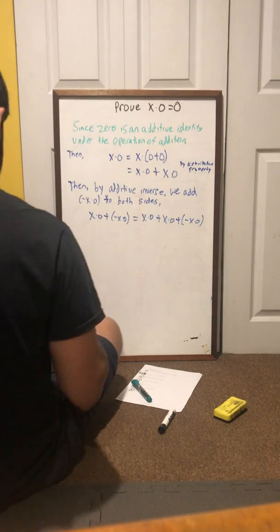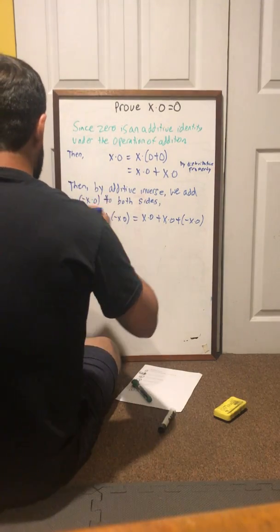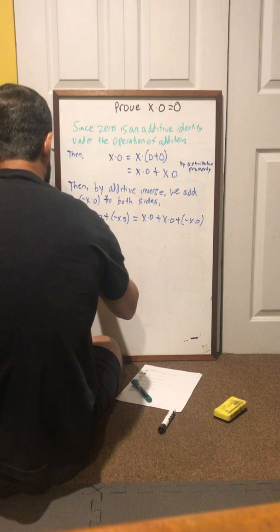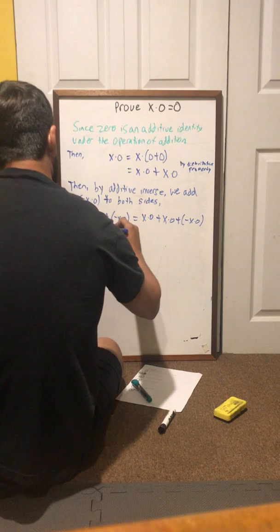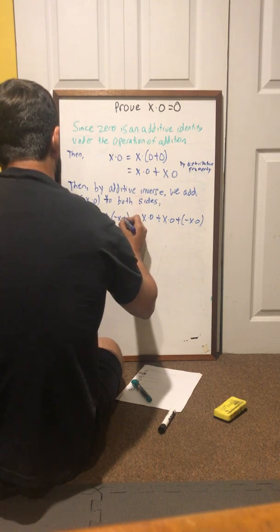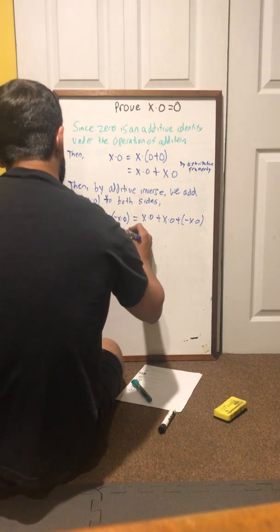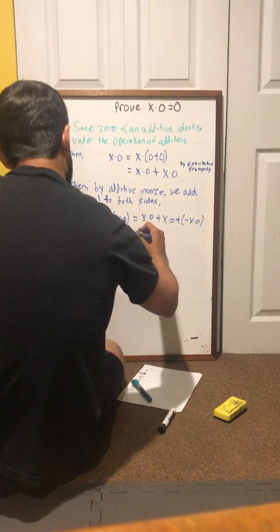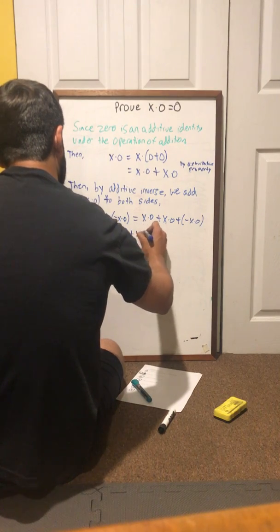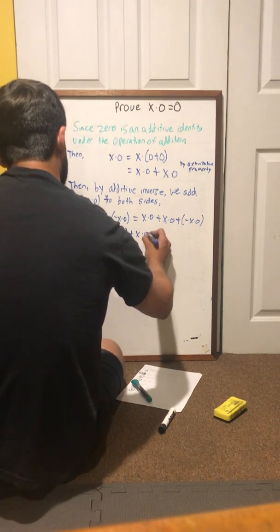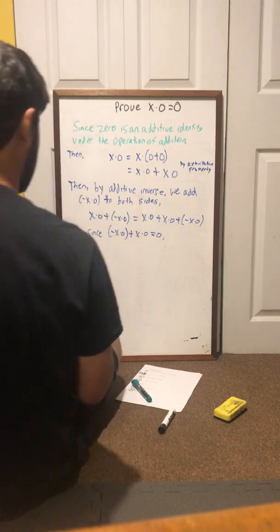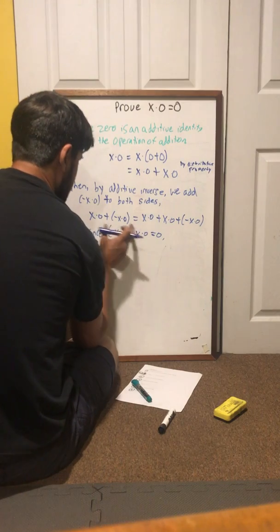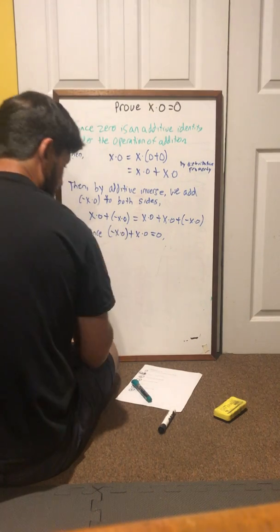Okay? So then, since x times 0 plus negative x times 0 equals 0, we're going to replace the different parts of this.